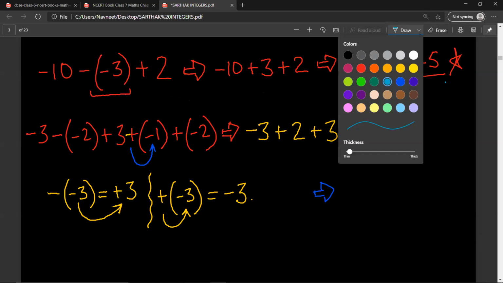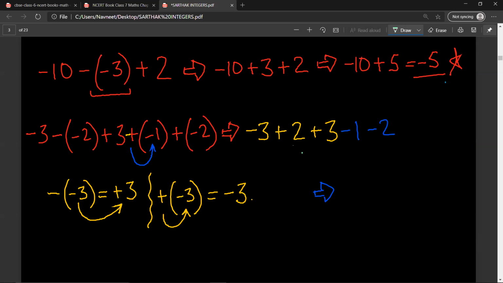Minus 1. Okay, let us check. So 3 plus 2 is 5. So this is plus 5. Minus 3 minus 1 is 4, and this is minus 2, minus 6. Now I have minus 6 and plus 5. My answer would be minus 1. Yes or no, sir? Yes, sir.